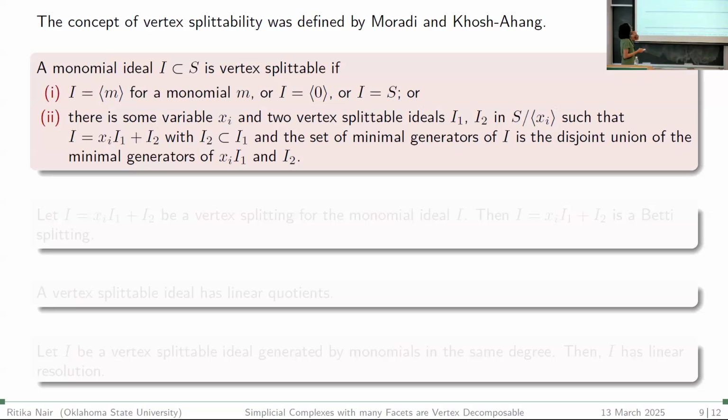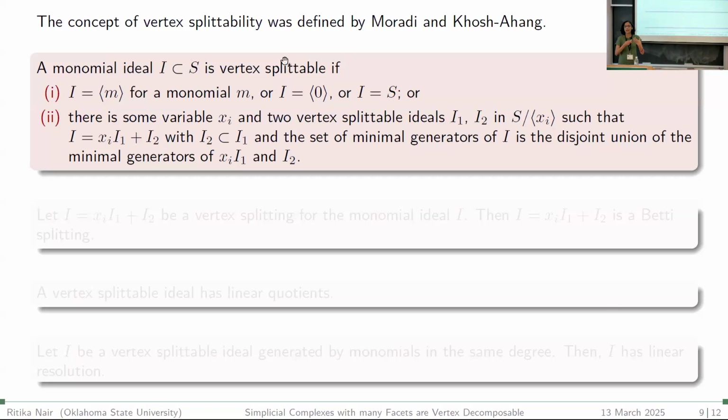So there is some variable xi and 2 vertex splittable ideals, I1 and I2, which are contained in the smaller polynomial ring after removing xi, which satisfy this property. You can write I as a sum of these two. Basically, look at all the generators that contain xi, that will contribute to this first component, and then everything that does not contain xi will contribute to the second component.